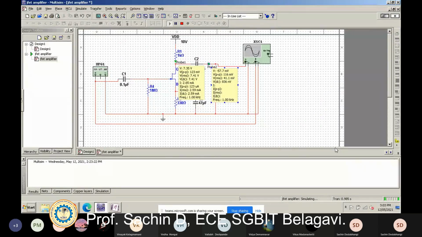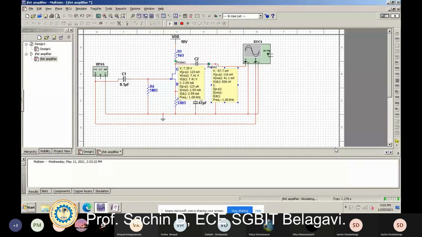What do you find different in this? I have connected two probes, one before C2 and one after C2. That is, one before the output coupling capacitor and another after the output coupling capacitor.